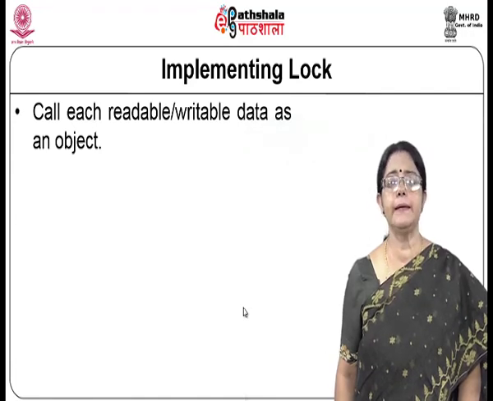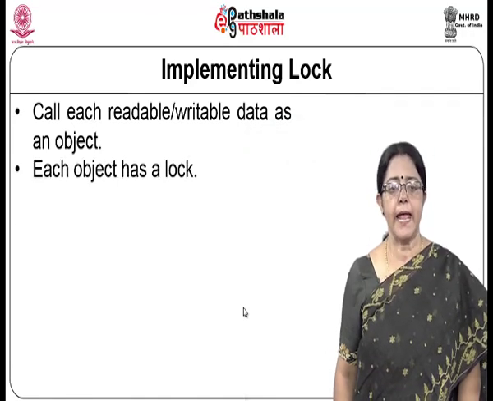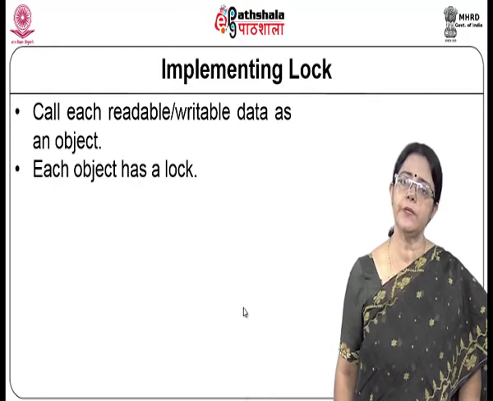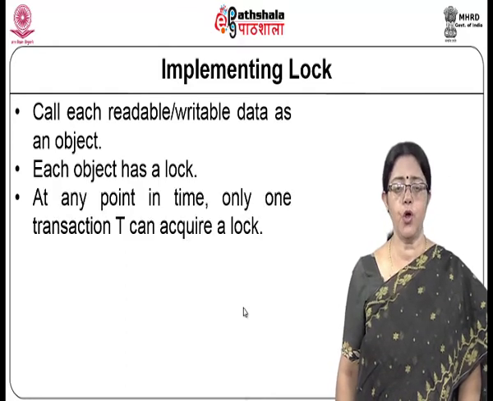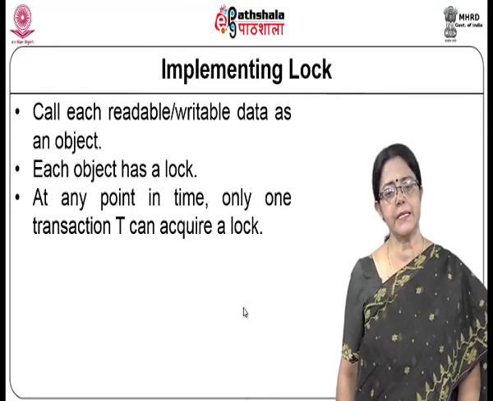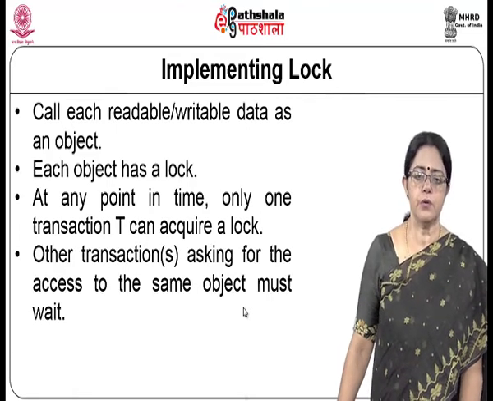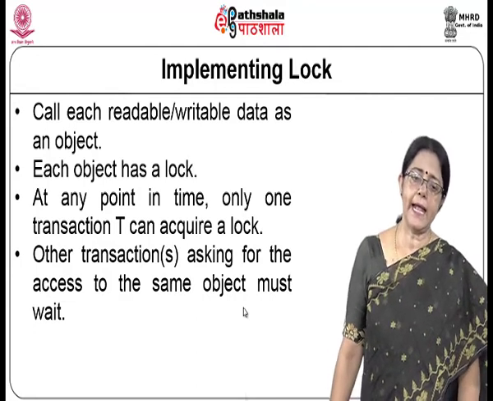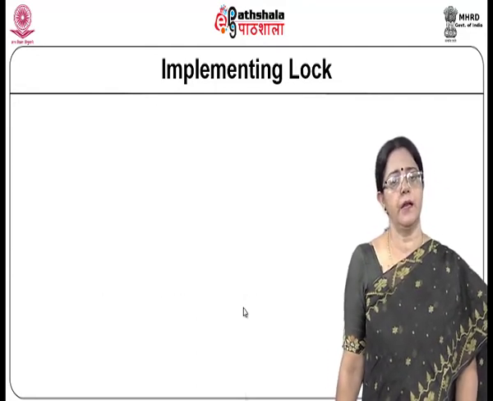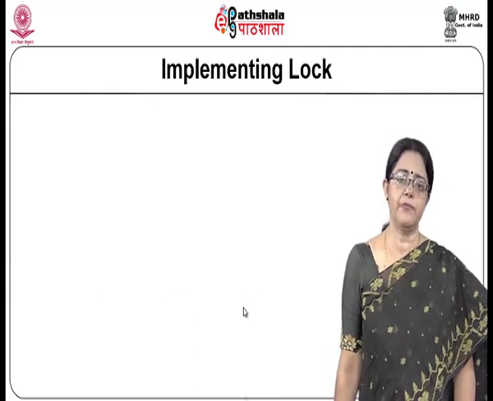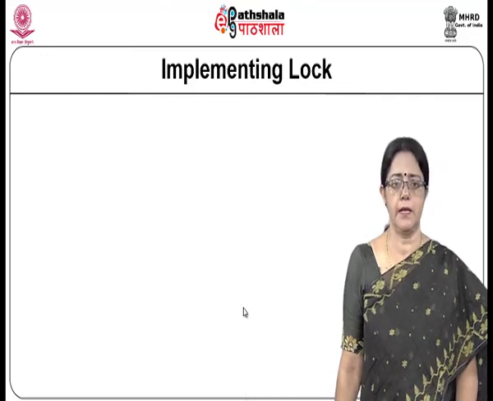We call the data item an object, and each object has the ability to be locked. At any point in time, only one transaction is allowed to hold a lock. So, other transactions will wait and will be given access only after the first transaction has released it.